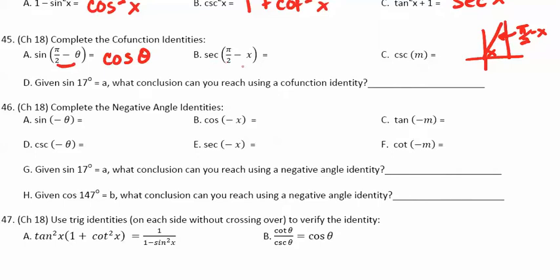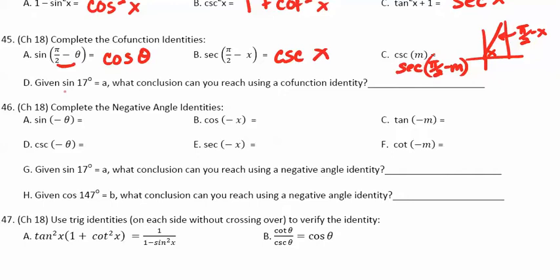The secant of one of those angles is the cosecant of the other. And the cosecant of an angle is the secant of pi over 2 minus that angle. So I didn't give you any there using tangent, so that was a bit of a trick.